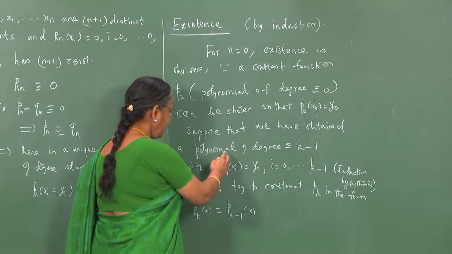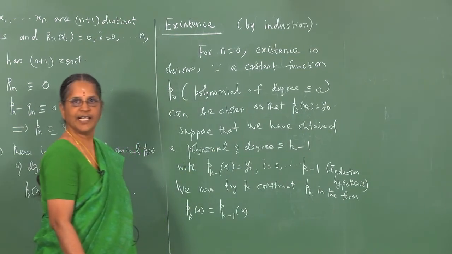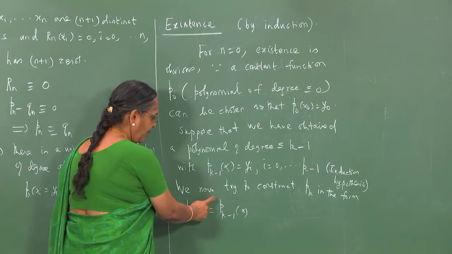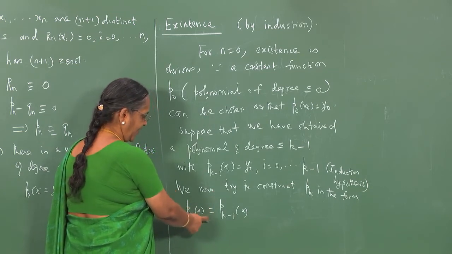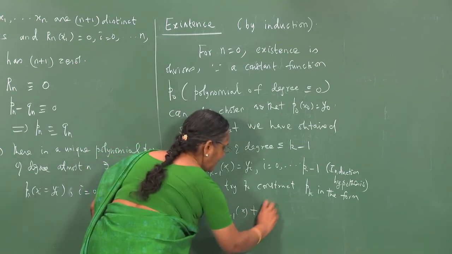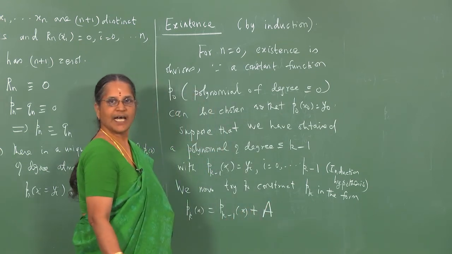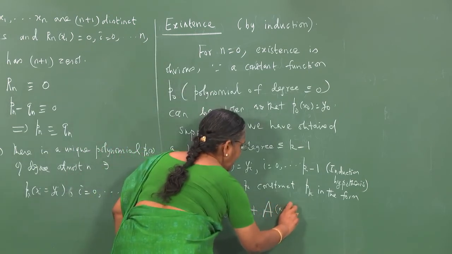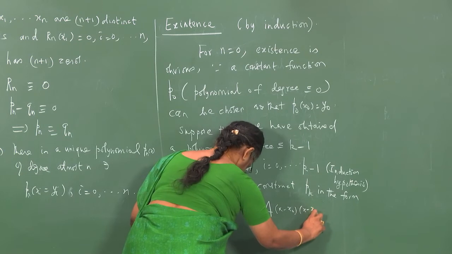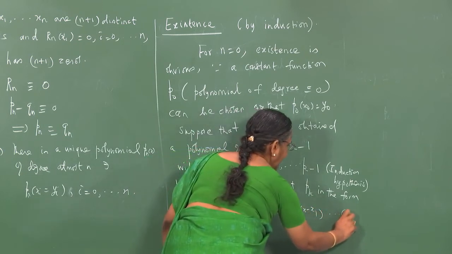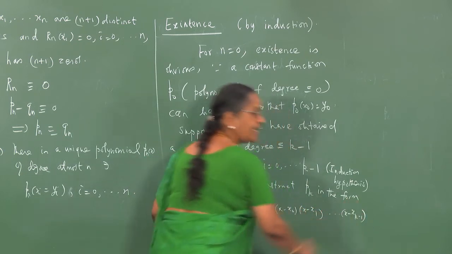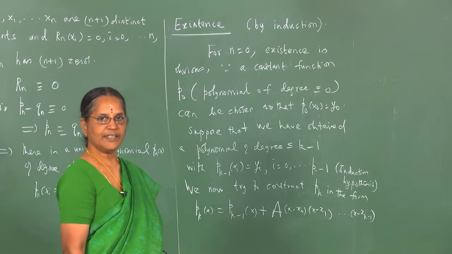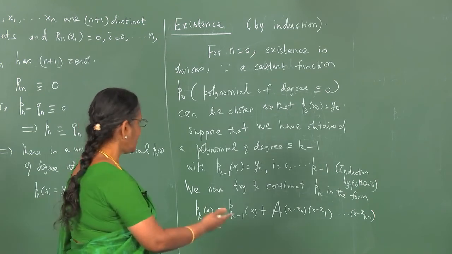Having constructed pk minus 1 of x of degree less than or equal to k minus 1, take the polynomial pk in the form pk of x is pk minus 1 of x plus say some arbitrary constant a, which we will have to determine, multiplied by x minus x naught into x minus x1 etc. x minus x k minus 1. Let us see whether this construction works. How do we ensure that this construction works?